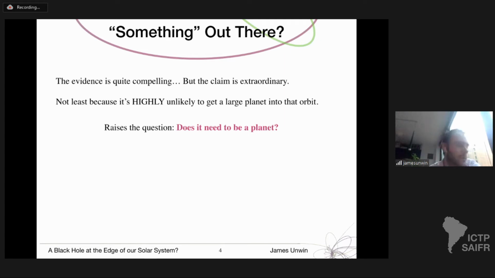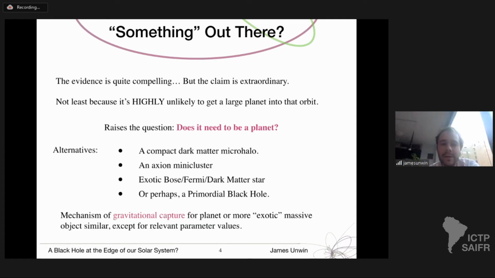So being a particle physicist, the first thing I want to do is consider some of the more unusual possibilities. Perhaps this is not a planet. Perhaps this is an exotic star of dark matter, or perhaps this is a very small, compact dark matter microhalo. Or in particular, perhaps this is a primordial black hole.